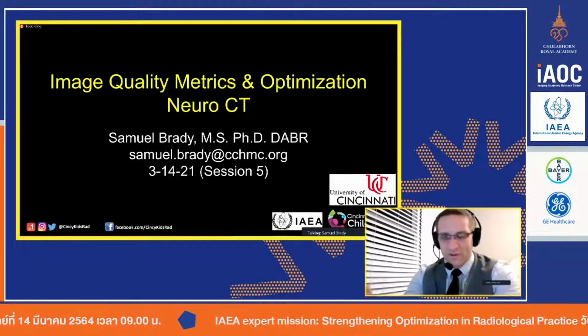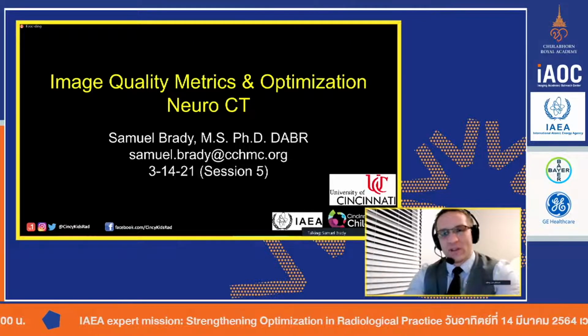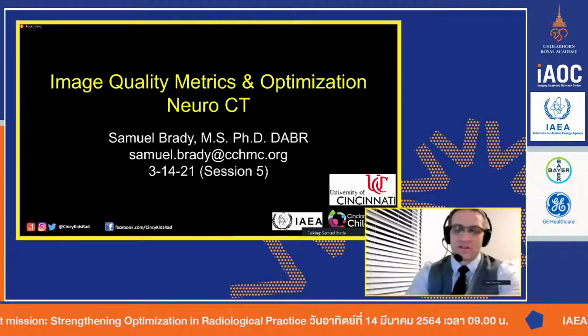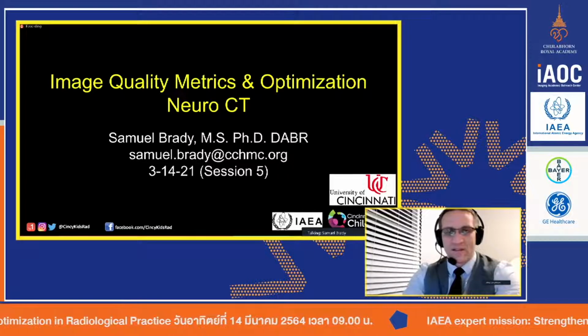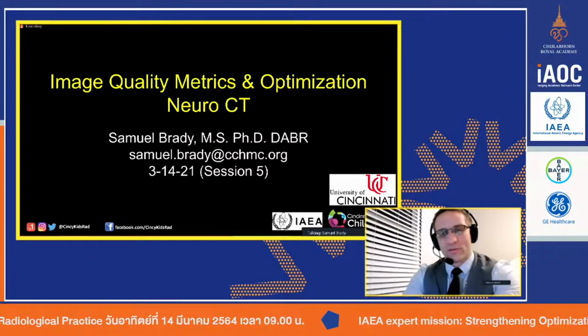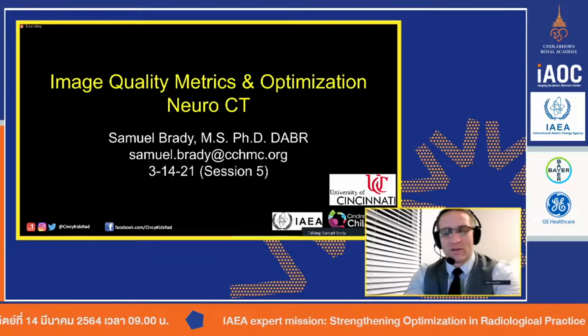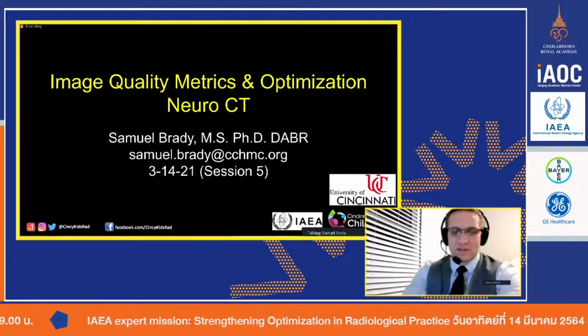And then also, of course, talking about dose, setting up alert levels, and how we can use those to track and optimize the exposure to our patients. Next week, we will focus on the body. And then in the third week of CT, we'll be focusing on the specialty, maybe cardiac and a few other aspects of CT.